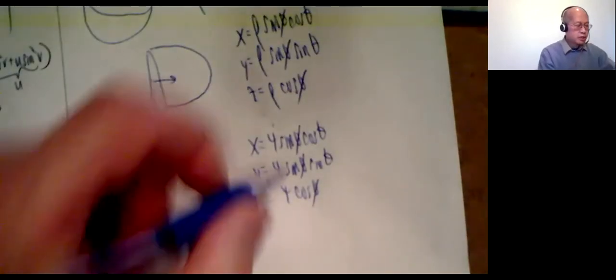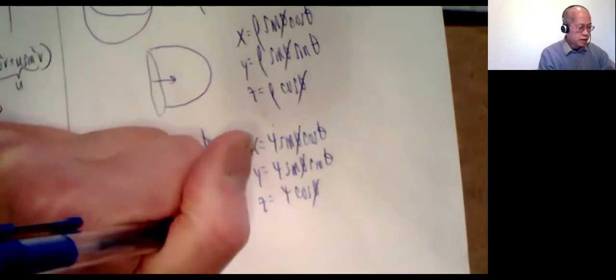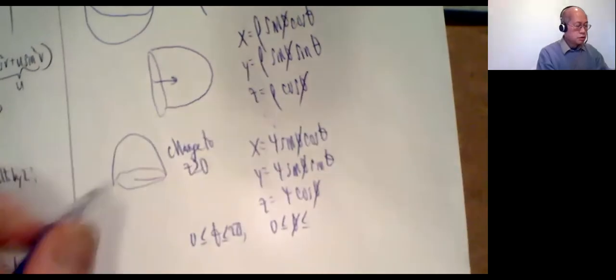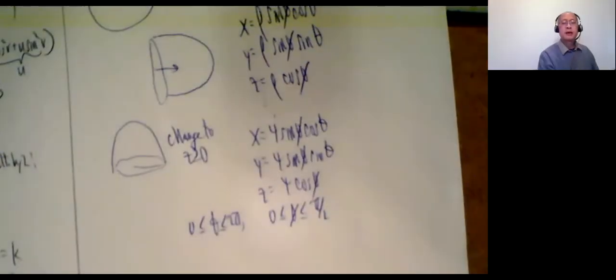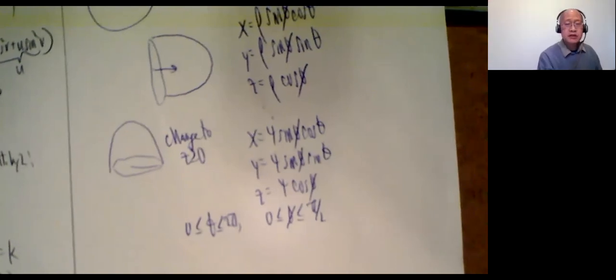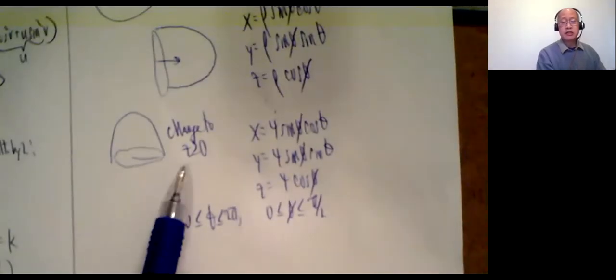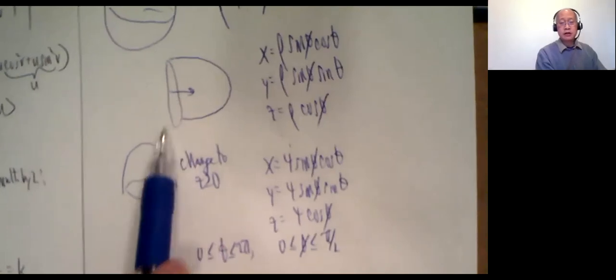And then from this picture, theta goes from 0 to 2 pi. Phi goes from 0 to pi over 2. That I think is the easiest. The other option is much harder, and I'm not even sure if I want to show it to you because I think I might just mess you guys up. Okay, so if you understood this, that should be good enough.